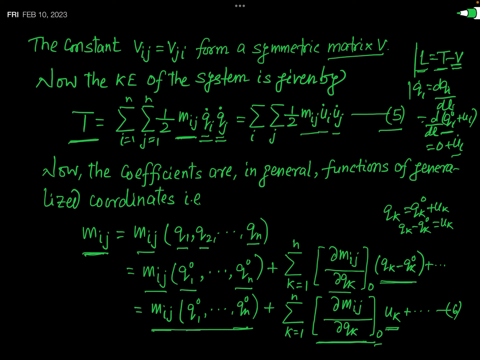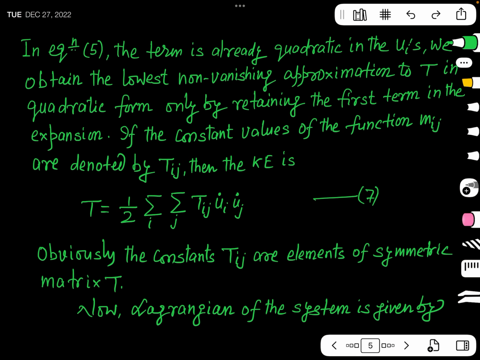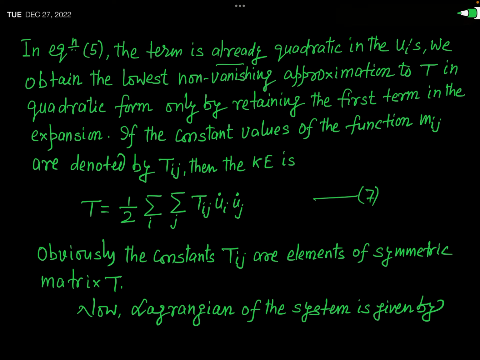So this Mij should be taken as a constant factor, and that constant is represented by the symbol Tij. I am just reading what I have explained. In equation 5 the term is already quadratic in ui's.